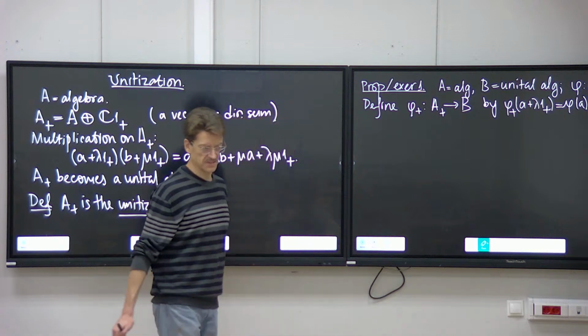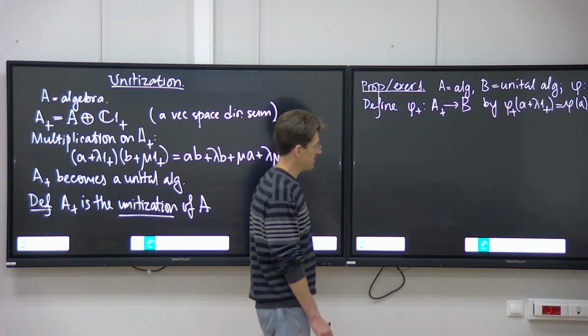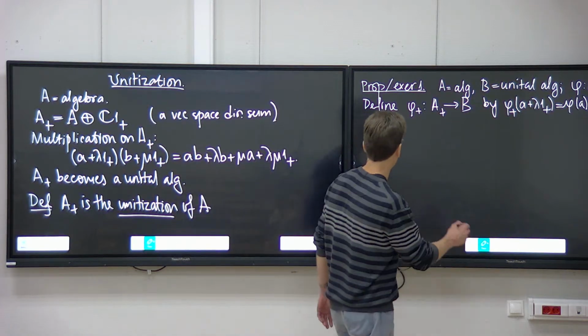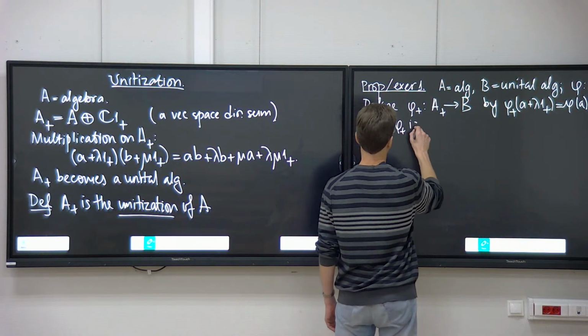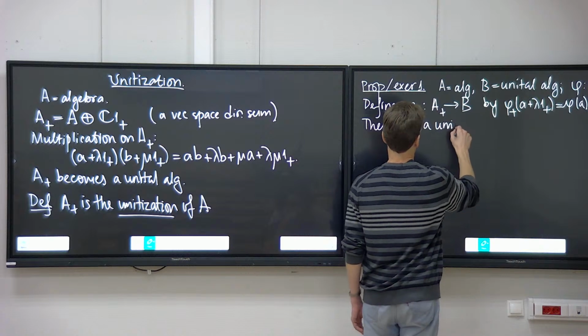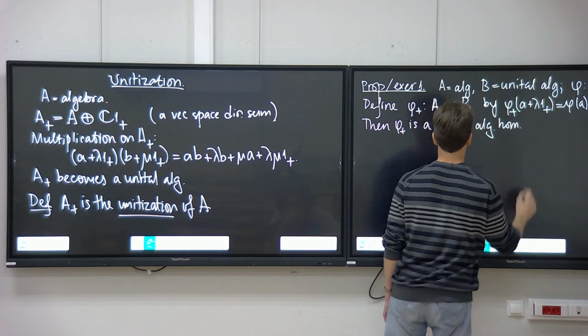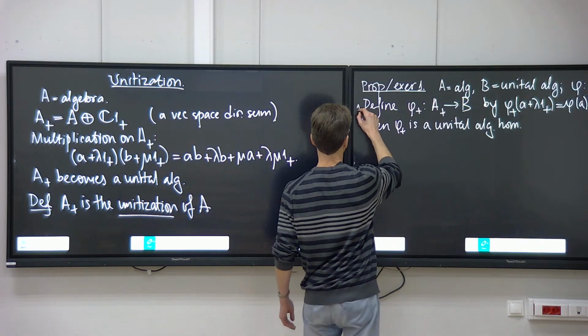So clearly phi plus extends phi, and this is obviously a linear map, but it's also very easy to show that it is multiplicative, so it is a unital algebra homomorphism. This is statement 1.